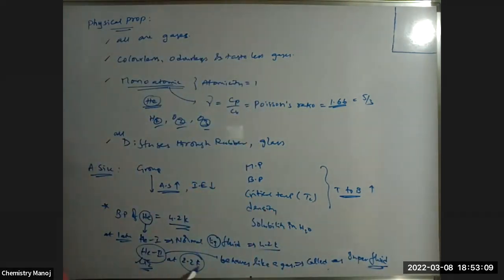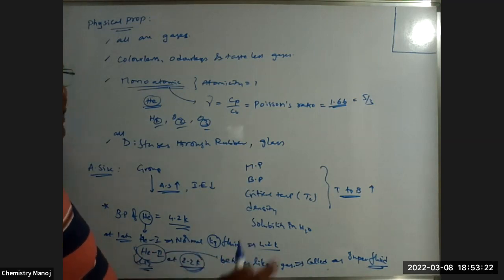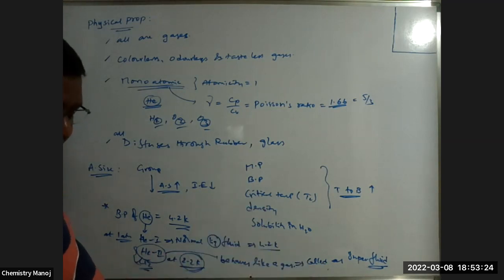Helium 2 exists at 2.2 Kelvin as a liquid, but its behavior is similar to a gas, so it is called a superfluid.